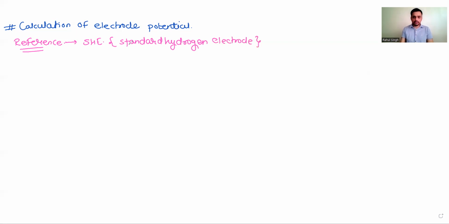This particular reference is given by IUPAC, the International Union of Pure and Applied Chemistry. We have seen two types of EMF, and it can be calculated by keeping two things in mind: the oxidation potential and the reduction potential.